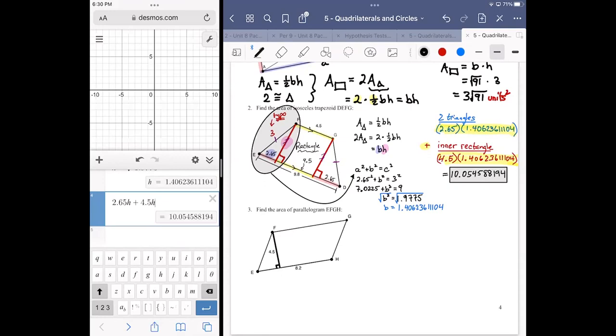Same thing happens with the parallelogram. And I've tried repeatedly to draw this correctly, and I'm never successful. I'm going to try it one more time. So if you take this triangle and move it on over here, you never get it to quite fit. But this rectangle here is going to have the same area as the parallelogram. Okay? There's something called Cavalieri's principle that we're going to get to in a little bit.